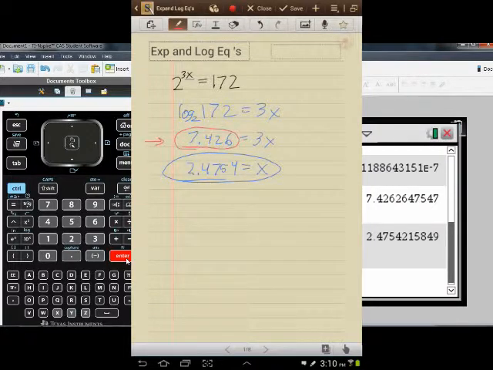That's why I write everything out. But for my actual computations, I did not introduce any rounding error. I did not round this 7.426 off on the calculator because that will introduce slight problems. I left it alone, just divided that number by 3, and then rounded my final answer to 4 decimal places, which I believe is where the book tells you to round.